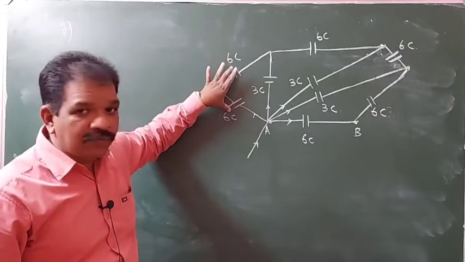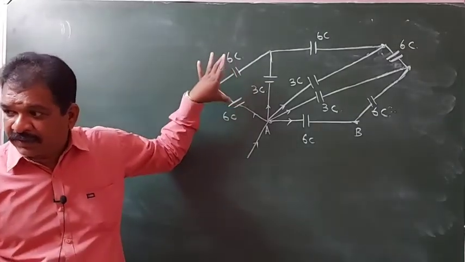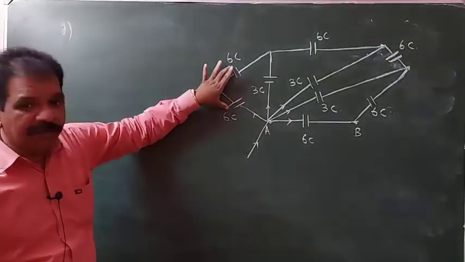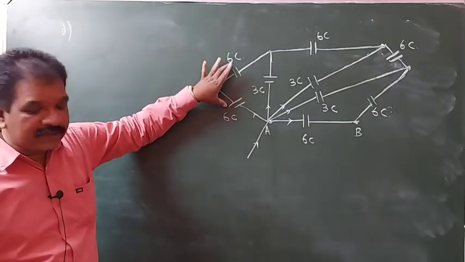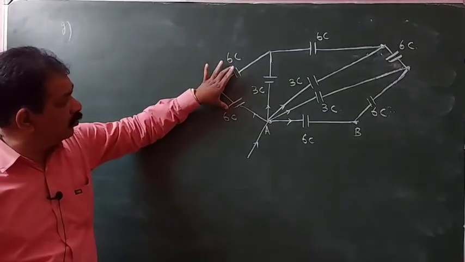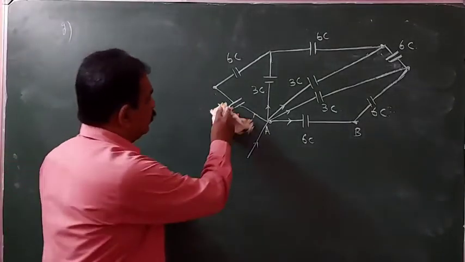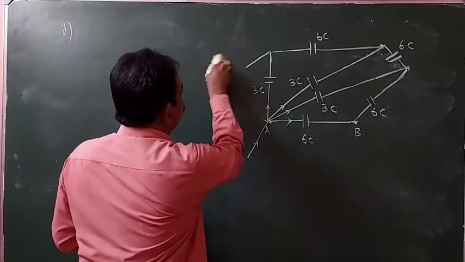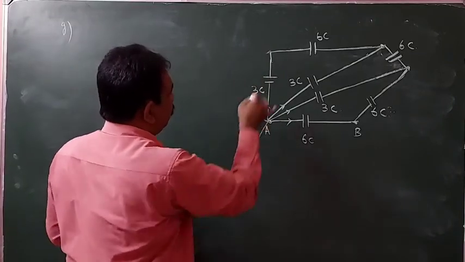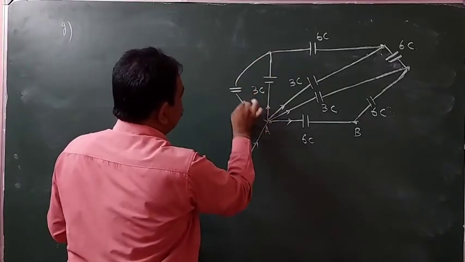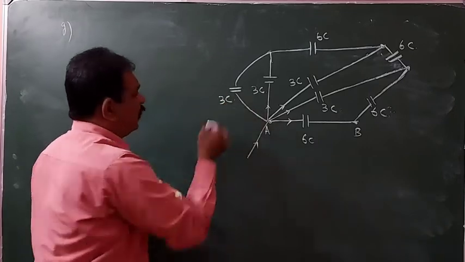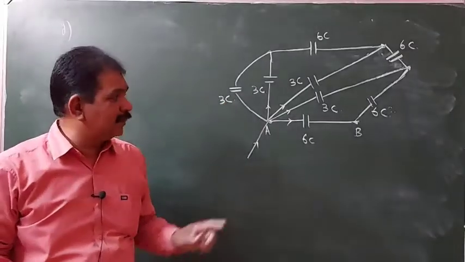So these two will be in series. Effective of these two will be 6C by 2, means 3C. Removing these two, we can replace a single capacitor having capacity 3C.